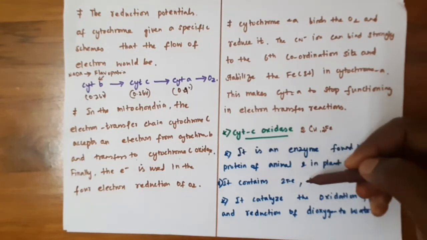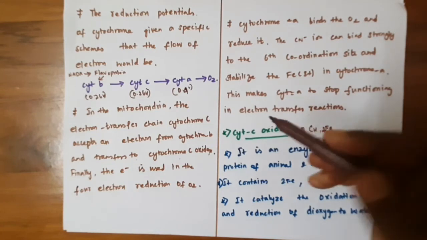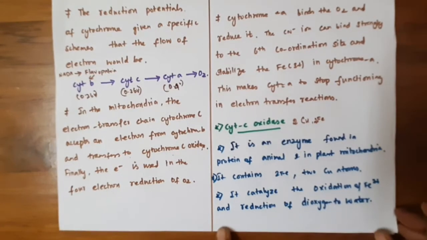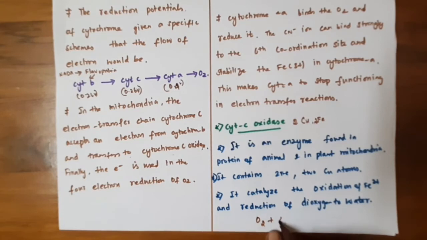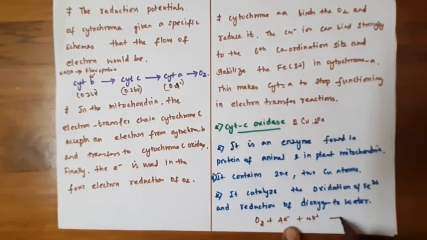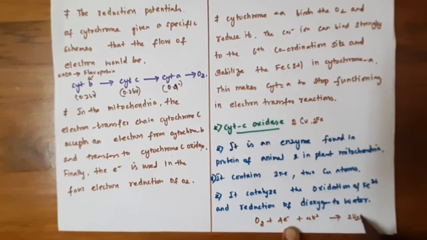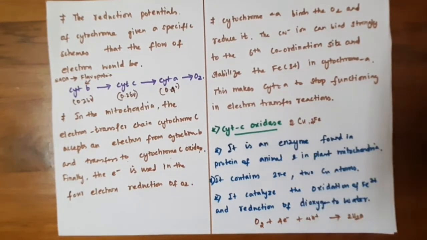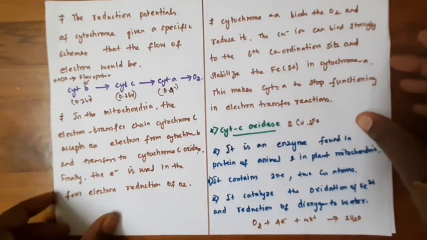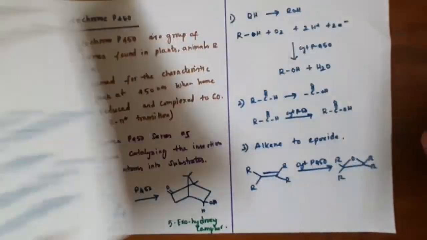Mainly this cytochrome C oxidase is used to catalyze the oxidation of Fe2 plus and the reduction of dioxygen to water. The dioxygen molecule is reduced by 4 electrons and 4 protons to a water molecule by this cytochrome C oxidase. Okay, so this is about cytochrome C oxidase.